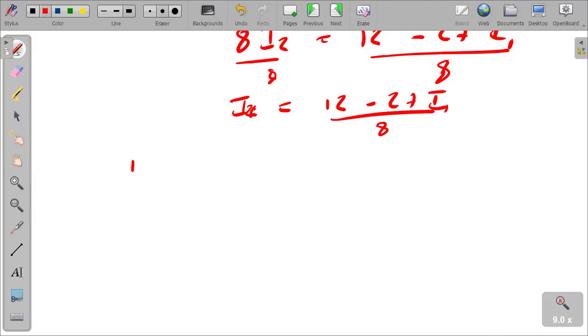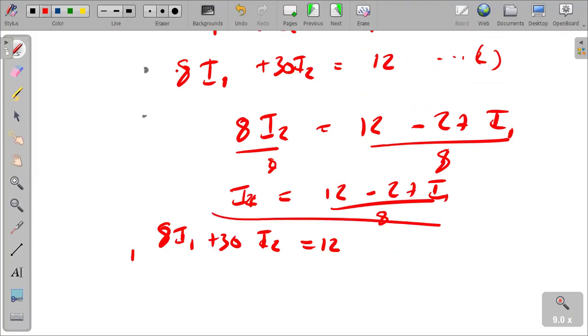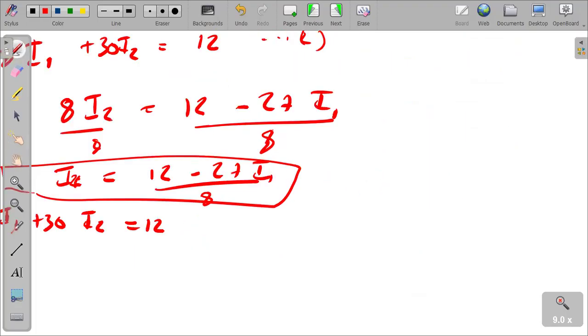Substituting into the second equation means we now have 8 I1 plus 30 I2 is equal to 12. This can be written as I2 is equal to 12 over 8 minus 27 over 8 I1.